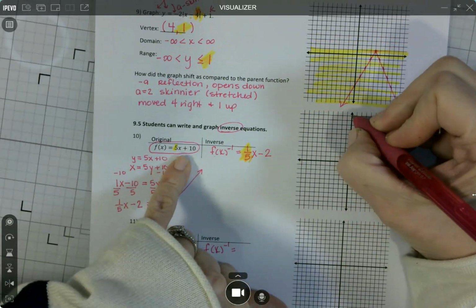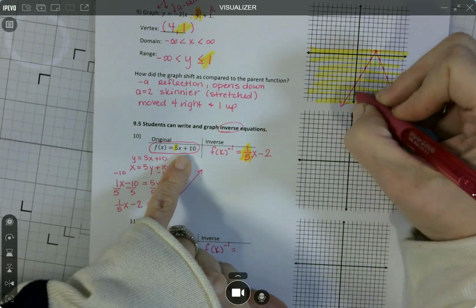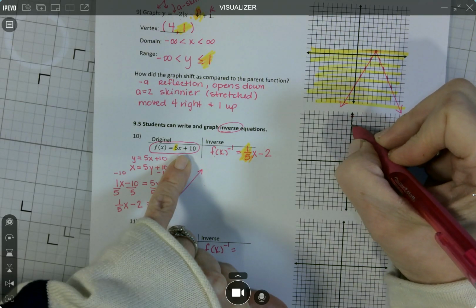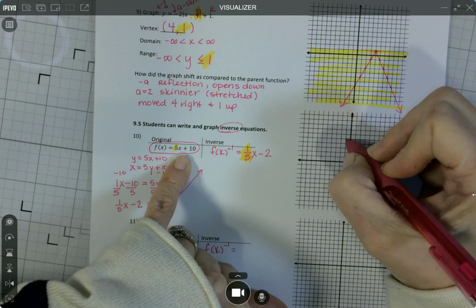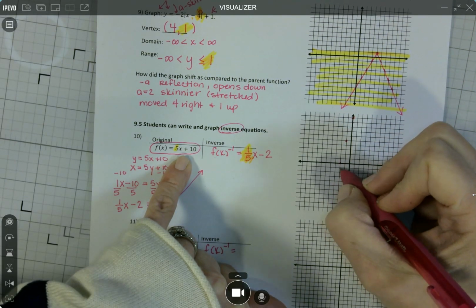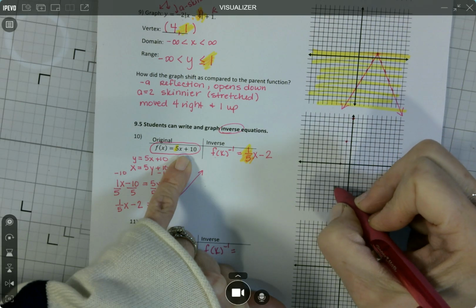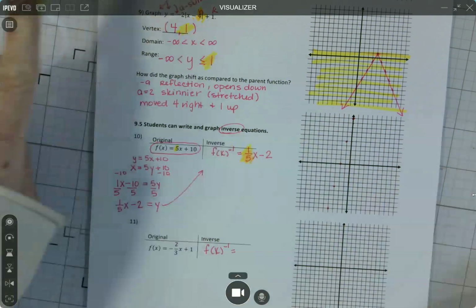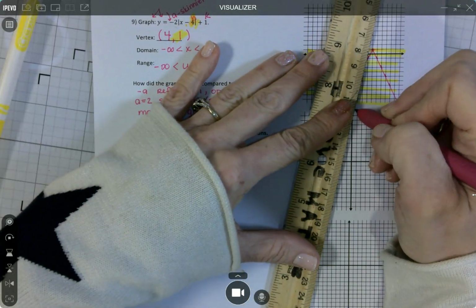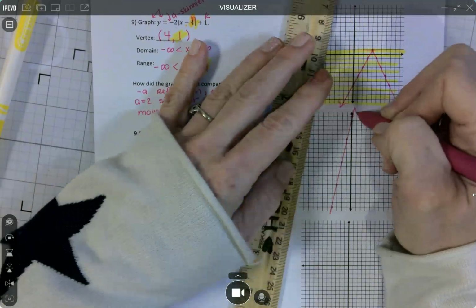So it's at positive 10. Now we can't go up 5 and over 1, but we can go backwards. So 1, 2, 3, 4, 5 down and backwards 1. Okay, so we can do that. So this is our original. Okay.